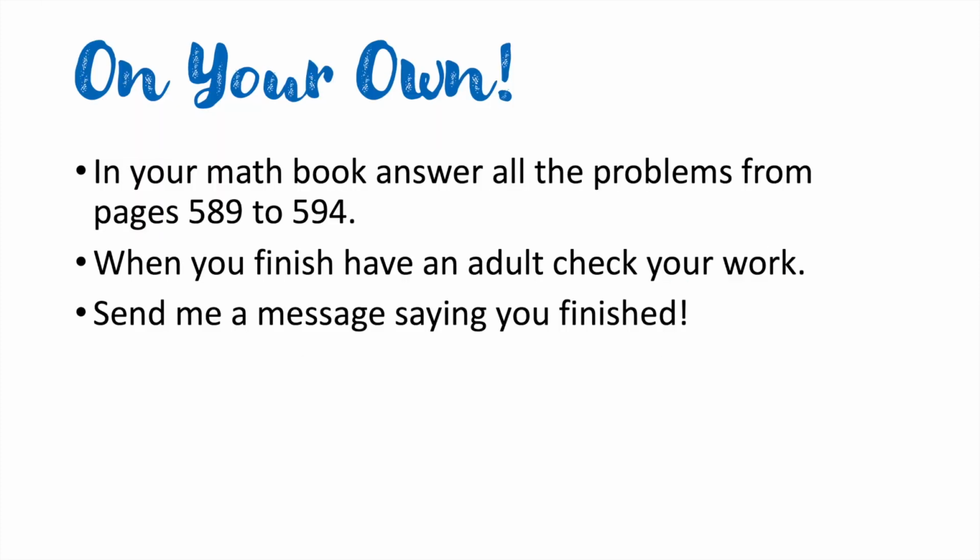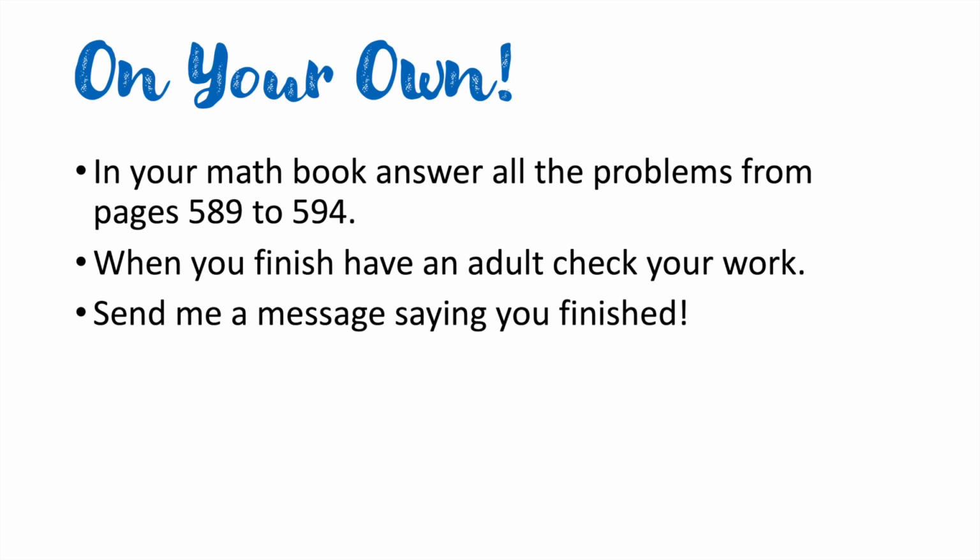Now that you have your math book, you're going to work on your own. I want you to go back to page 589. You're going to do all of page 589. You're going to keep working your way to page 594. You're going to stop where you see lesson 6.